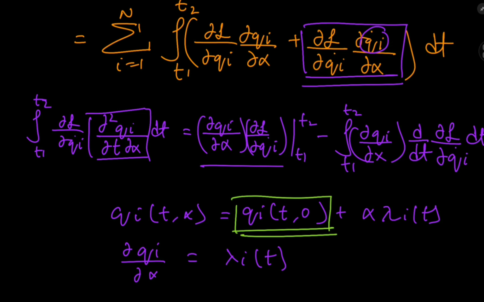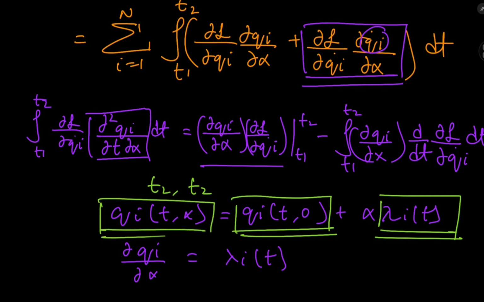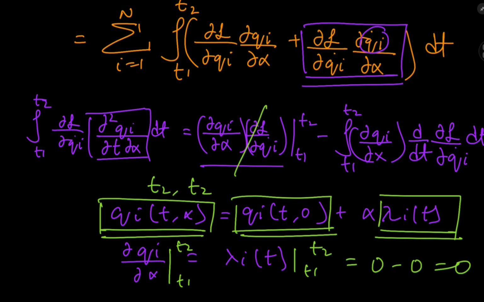The starting and ending points of each path are the same. So that means for t1 and t2, we need lambda_i to be 0. Because only in that case will all possible paths and the chosen path end at the same points. Okay, so that means plugging in the limits t1 and t2, we get lambda_i of t2, which is 0, minus 0, so we get a big fat 0, and this thing cancels out quite nicely.